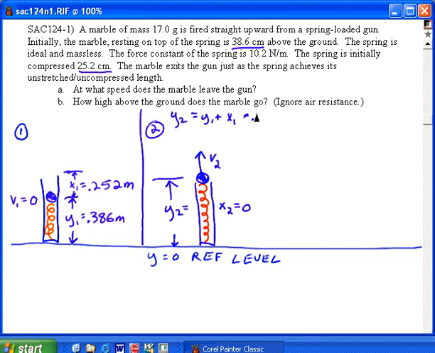And that's 0.386 meters plus the 0.252, and that adds up to 0.638 meters. Alright, so Y2 is 0.638 meters.